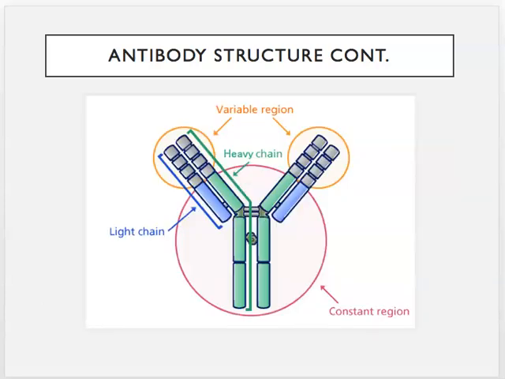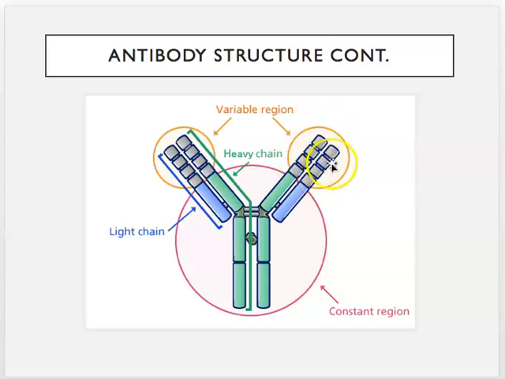So here, I've included a couple of pictures of the antibody structure. You've got your variable regions, and all antibodies have this Y shape. Variable regions are on the end, so that's the part where you're going to see variations between the immunoglobulins, and that's the part that's going to bind to the antigen.